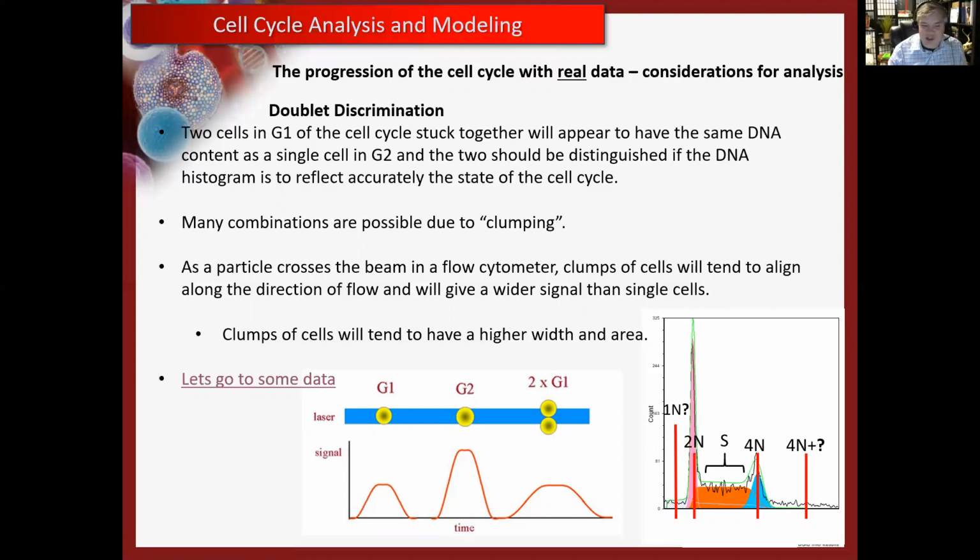And if you have a G1 cell stuck to a piece of debris, that's going to be like a G1 and a half, so that's going to be a variable S phase looking cell. So there's a lot of different combinations that are possible due to clumping, right? You could have G1 stuck to G2. We say doublet discrimination, but these things generally aren't doublets, right? You can have 2 cells, 3 cells, 8 cells.